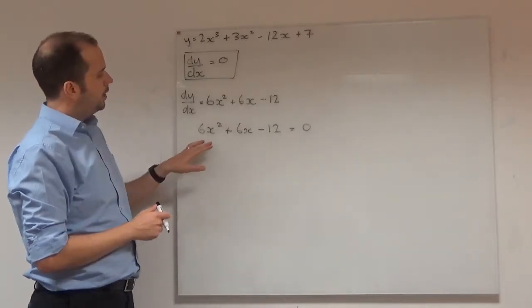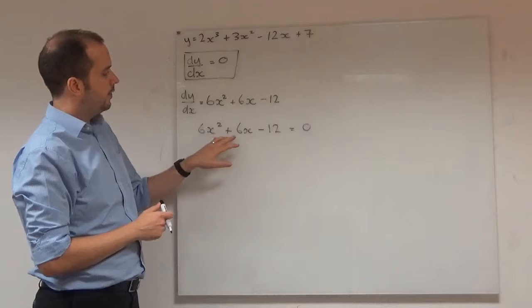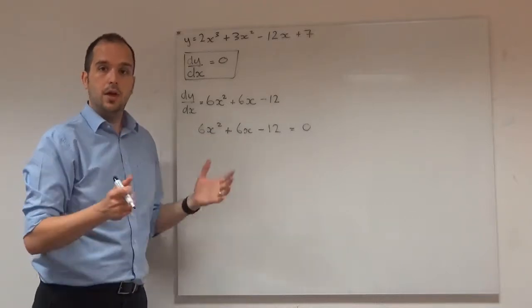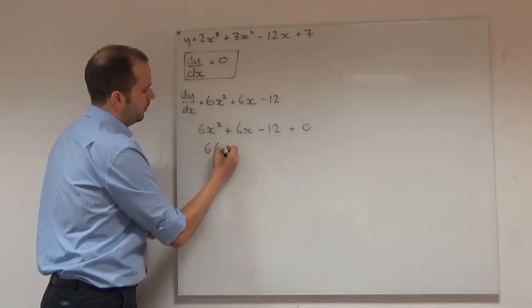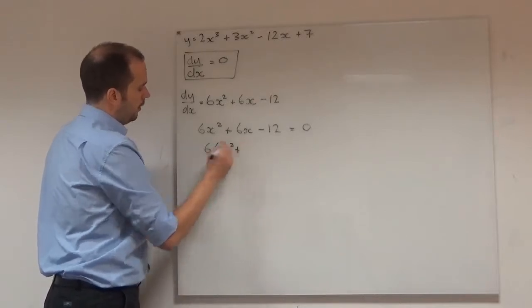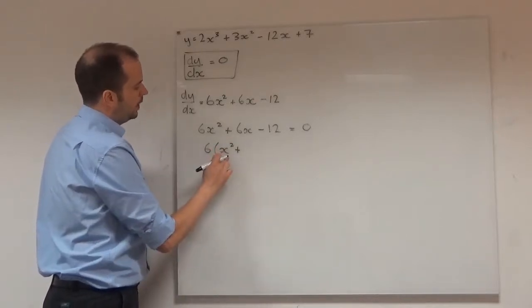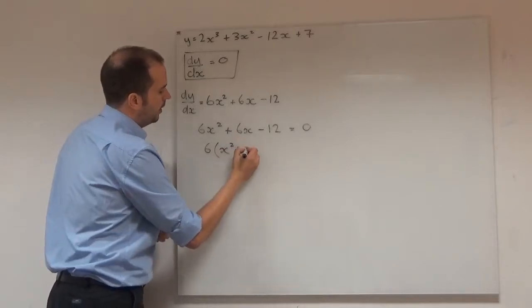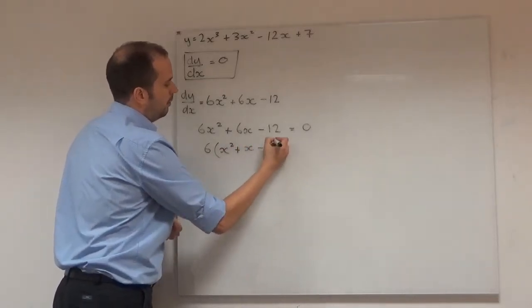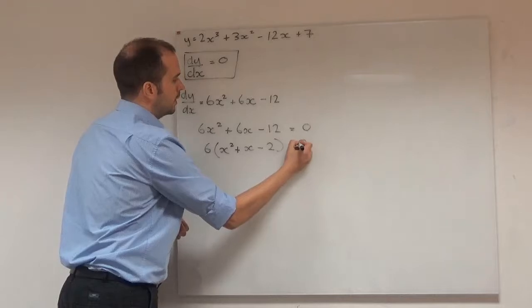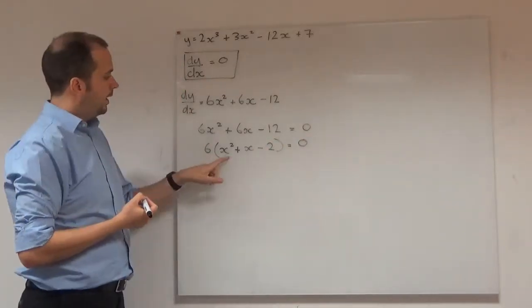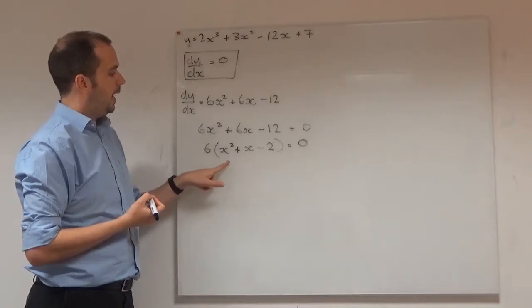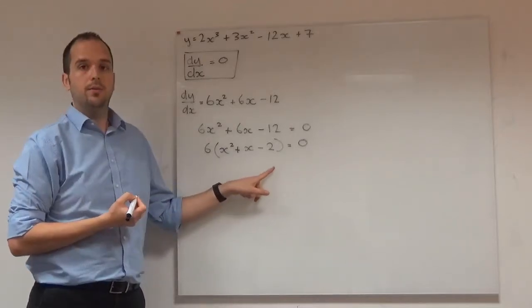And the first thing you can see is there is a common factor of 6 in every term. So the first thing I'm going to do is bring out that common factor of 6. So I'll have 6 out the front, and then within the bracket we'll have x squared plus x minus 2, and all of that is equal to 0. Now I need to factorise this x squared plus x minus 2.